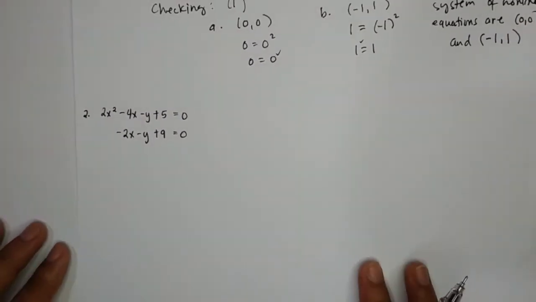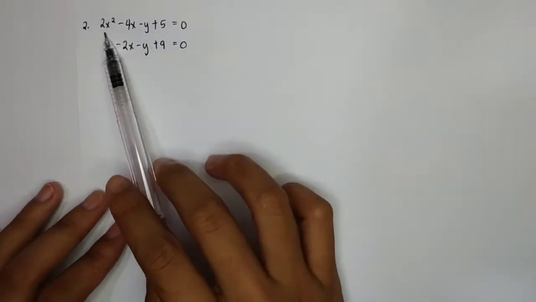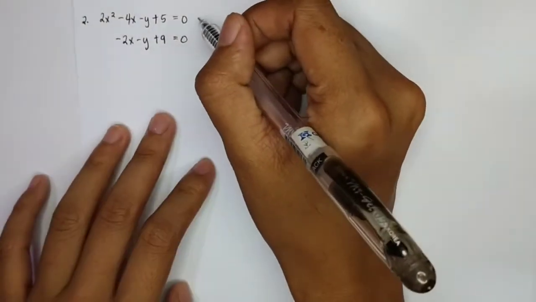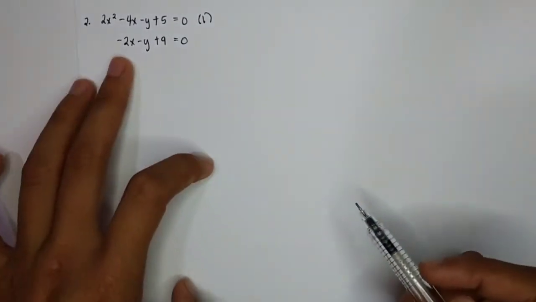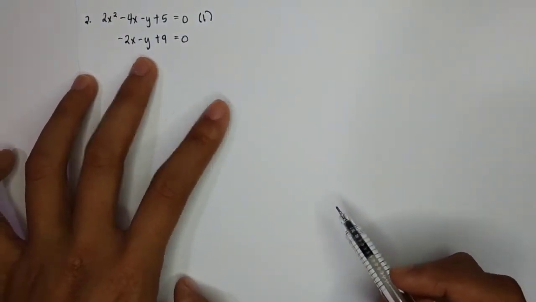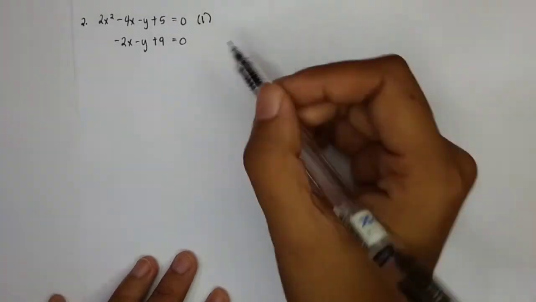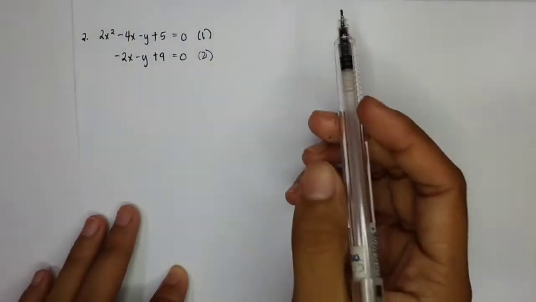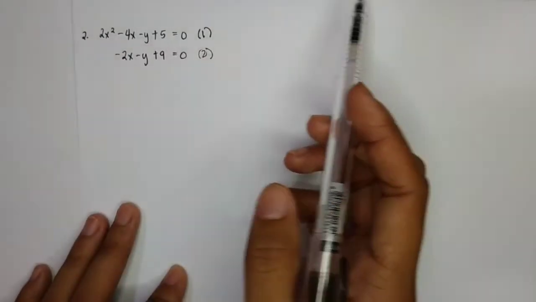So, example number 2, we have here 2x squared minus 4x minus y plus 5 is equal to 0. So this is our equation 1. Then negative 2x minus y plus 9 is equal to 0. This is our equation 2. Okay, now let's solve for y in terms of x.